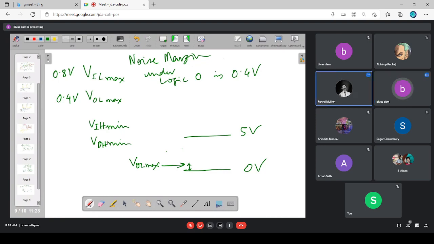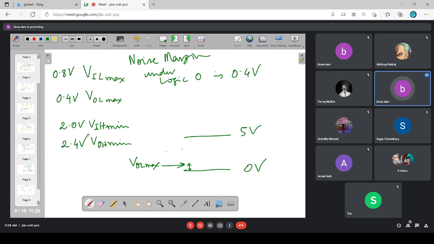VOH should be higher because when you are inputting logic 1 signal, the negative noise is of importance, not the positive noise. So to accommodate certain allowance for the negative noise, I must ensure that my VIH mean is less than VOH mean. And for TTL logic family, this is 2.0 volt, this is 2.4 volt.